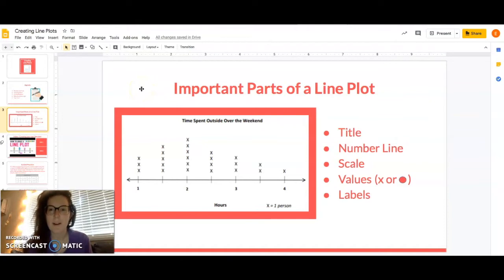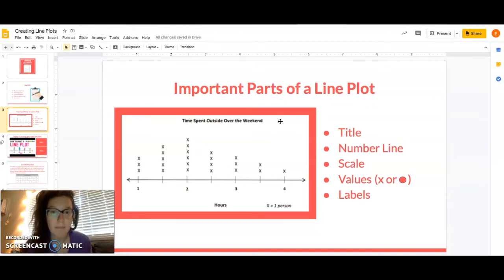So the important parts of a line plot. Hopefully this looks familiar and that you were able to watch my video from Thursday of last week where we went over the important parts of a line plot. The first important part is making sure that you look at the title. The title tells you what information the person who created the line plot is trying to share with you.